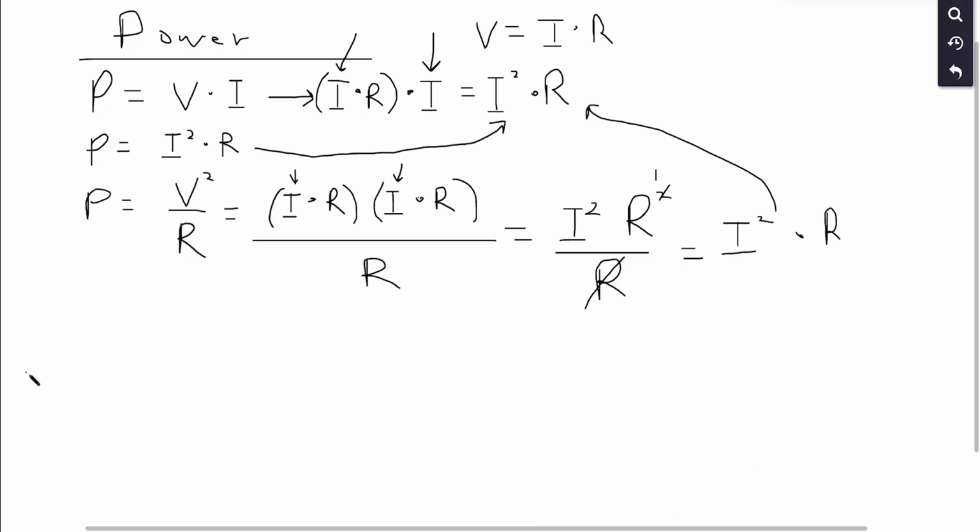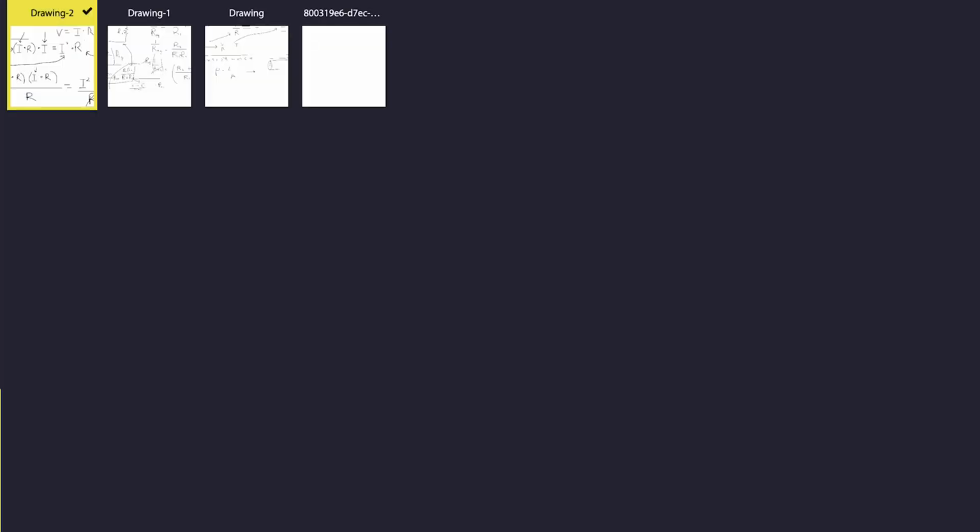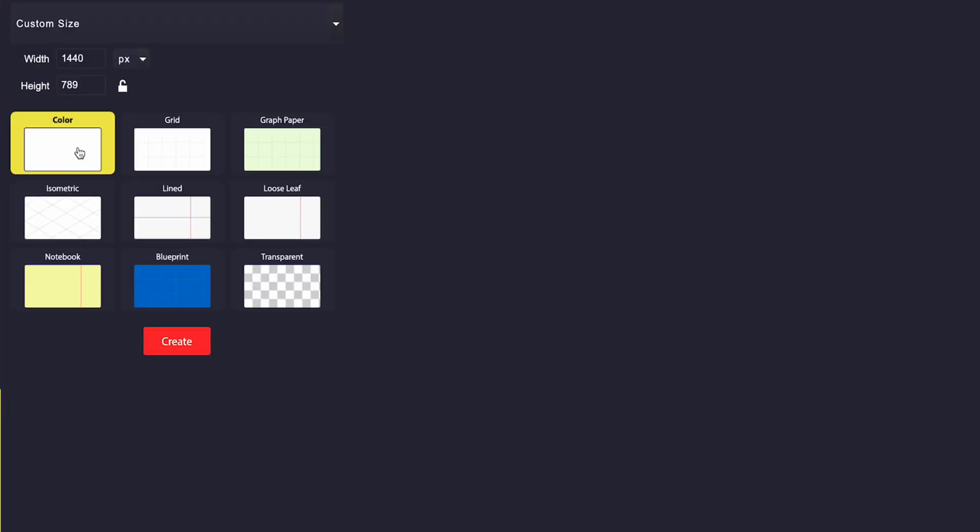And then we can take a closer look even at current. Upon a closer look, we know that current is the amount of charge per unit of time that passes through a specific circuit, right?